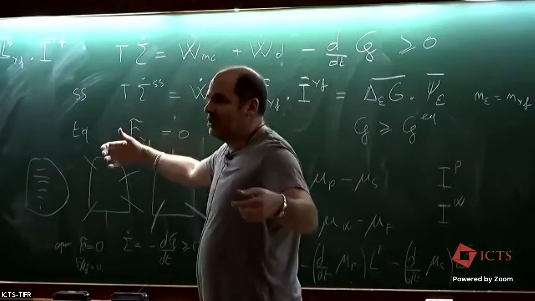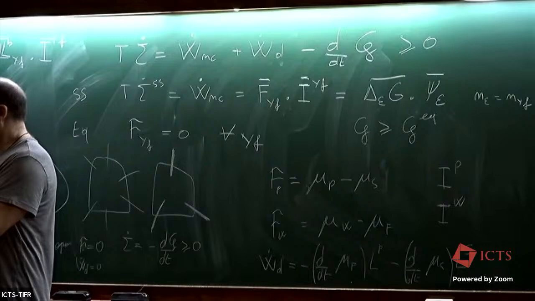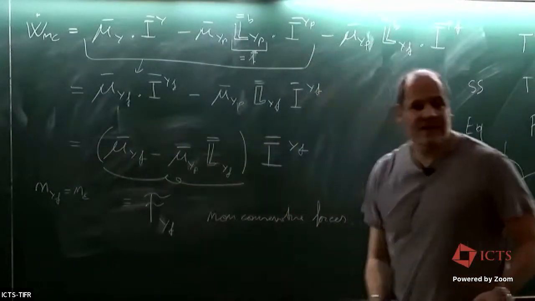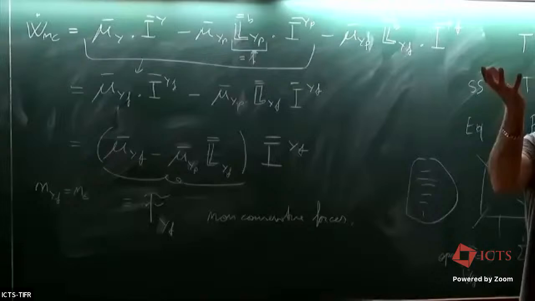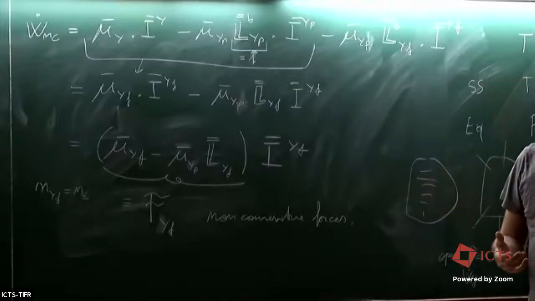So the system is already open, but you start with a zero force. You turn on the force by lifting this YF, and now you're going to curl up in the chemical reaction network via this non-conservative force.